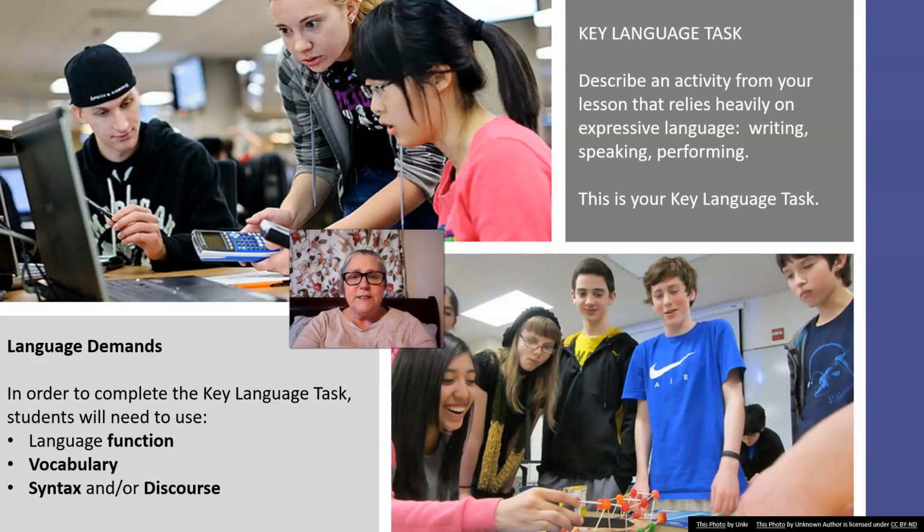Where are they writing, speaking, and performing? What if you had to name the most important part of your lesson as far as the use of academic language, using the fancy words and the structure and that sort of thing? That would be your key language task.